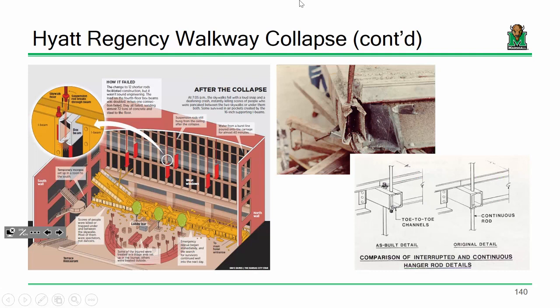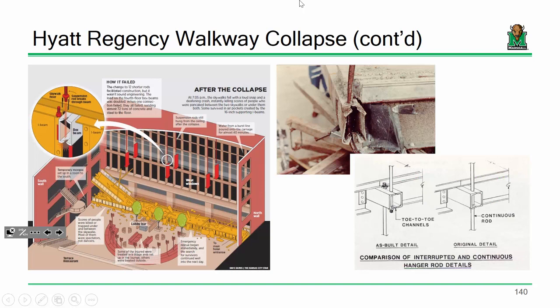All of the analysis suggested that if the detail had been constructed as designed, you wouldn't have had the issue. The contractor, like I said, figured they could save a little bit of money, and there you go. That's what happens. They didn't contact the engineer to check and see if that was right. Yes, sir. There's just one big threaded rod from the ceiling down to the bottom.